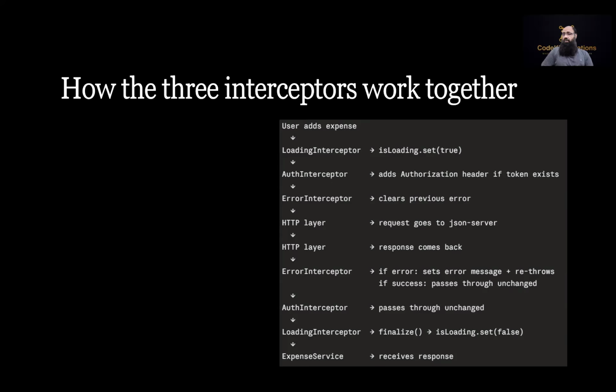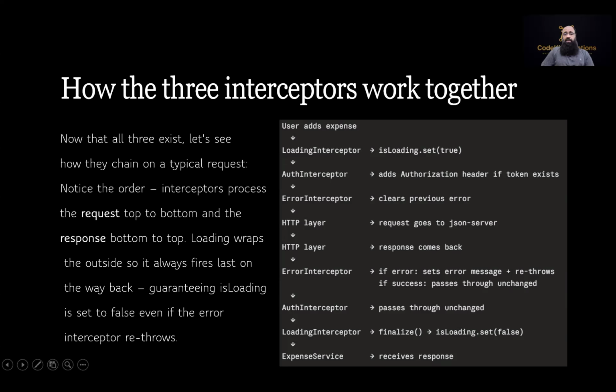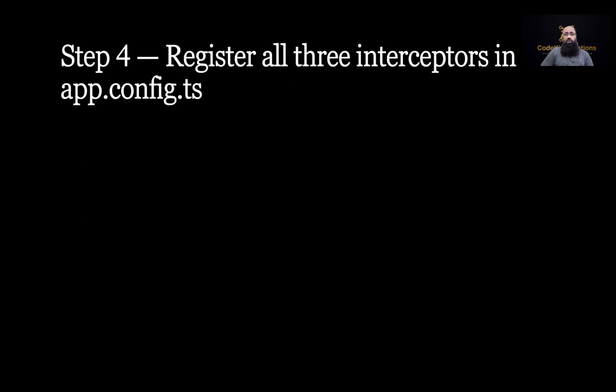Again, based on the HTTP layer, it came back. Then in the reverse order, the error interceptor is going to get called first. The auth interceptor is going to get called next, and then the loading interceptor is going to get called, and then the expense service itself receives the response. So the order has been reversed. Again, I already discussed the way they are going to get called.